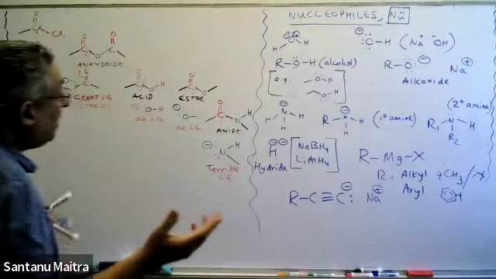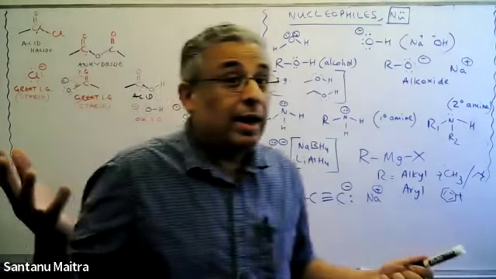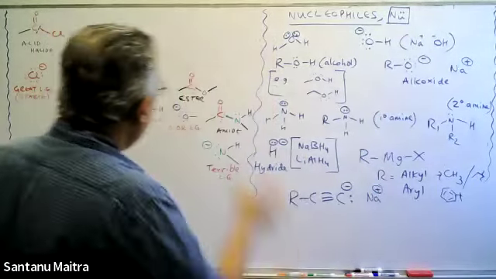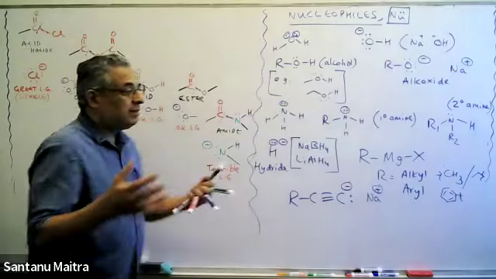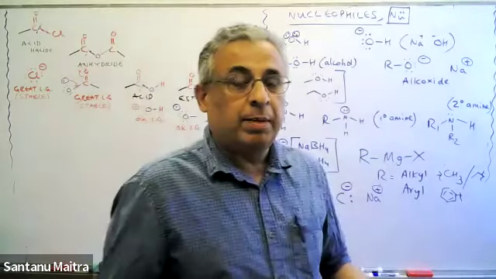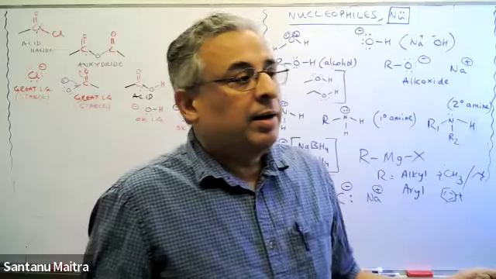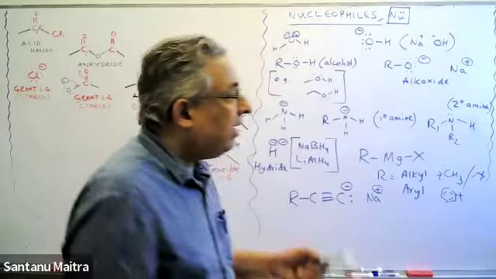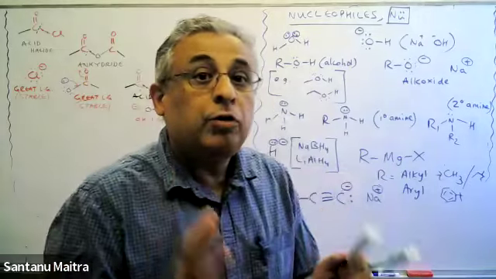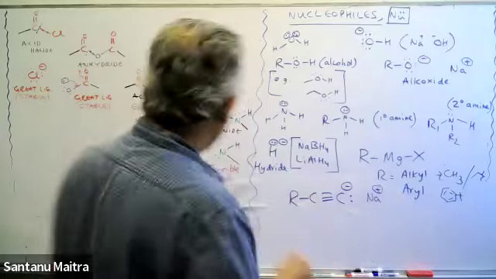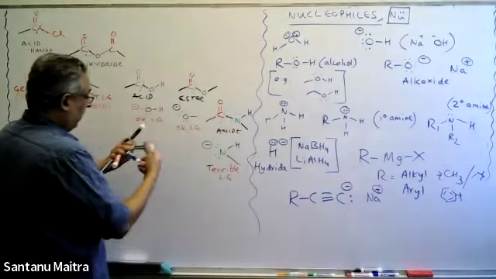So how do you make an amide? Okay, so this is your target. Since we're going to be talking about some peptides and proteins and amino acids, I think we will focus on how to make an amide. Okay, this is going to be your target.